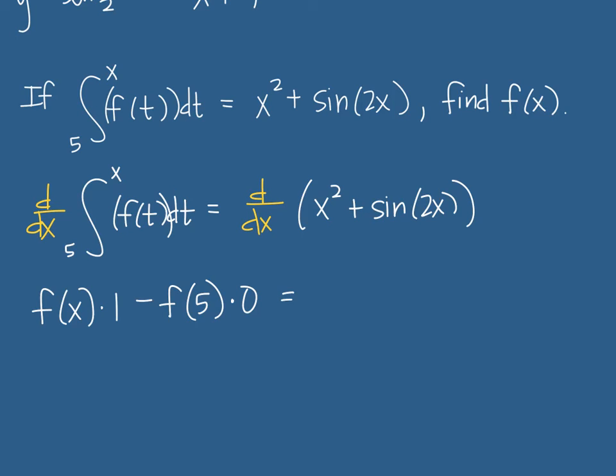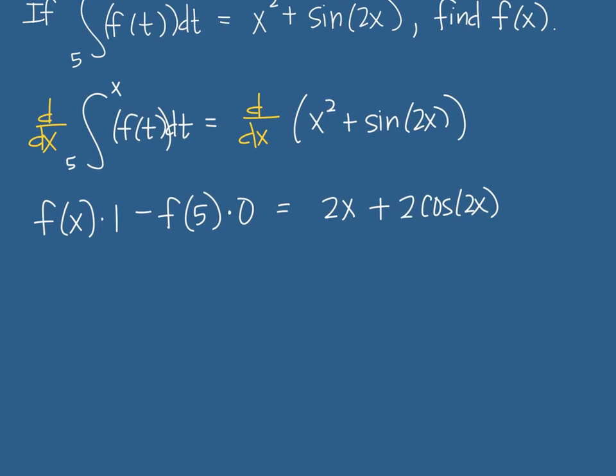So the derivative of x squared is 2x. The derivative of sine 2x is cos 2x times the chain rule of 2. The 0 wipes out the f of 5, and so f of x times 1 is 2x plus 2 cos 2x.